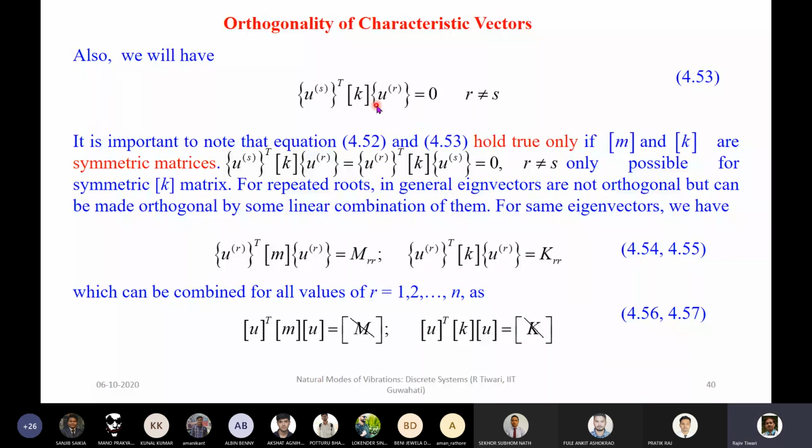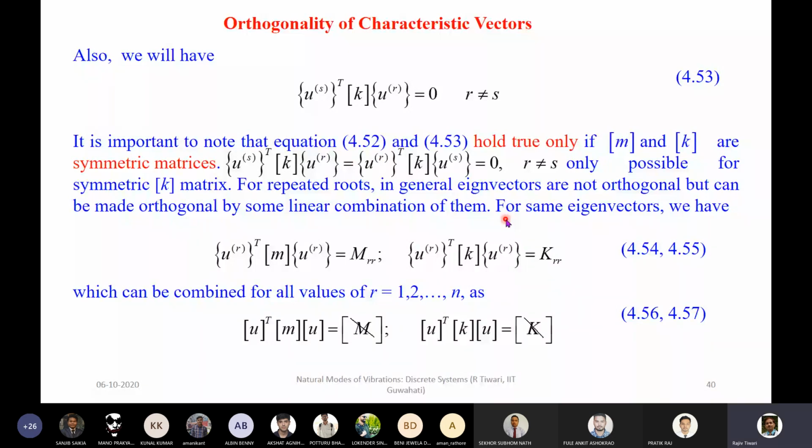And as I mentioned previously, it is true only when M and K are symmetric matrices, because when we subtracted one equation from another, we were able to cancel some of the terms to get this particular condition. Here K is also symmetric.